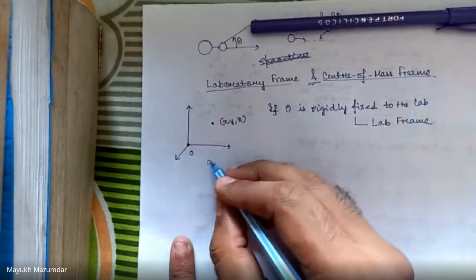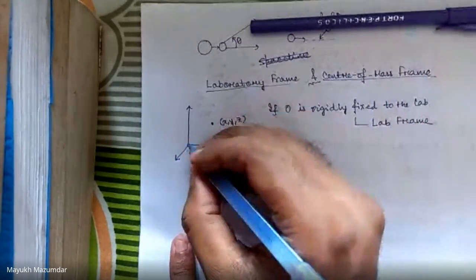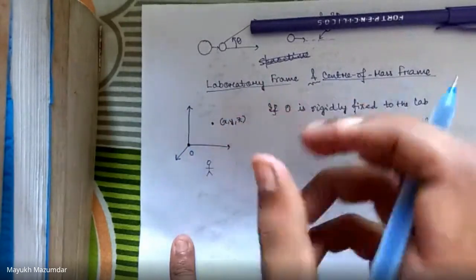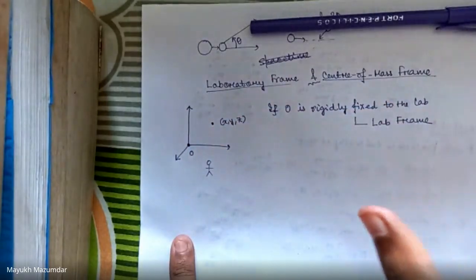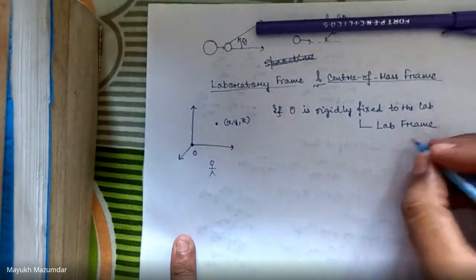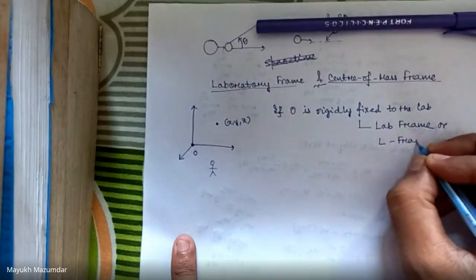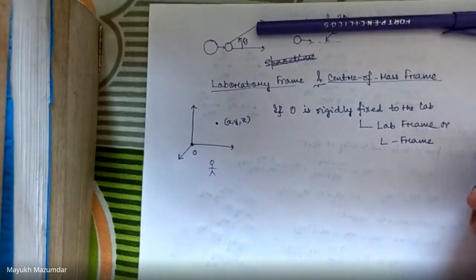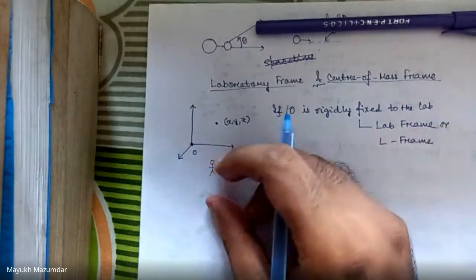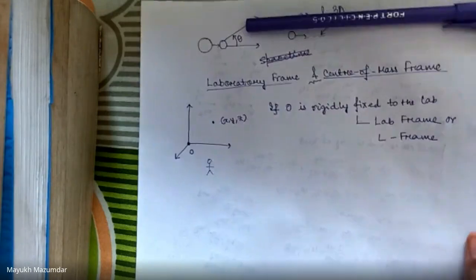Suppose you are sitting here, this is your coordinate system. If its origin is fixed to the lab, where you are doing the experiment, the laboratory, we would call it the lab frame or the L frame. As simple as that, you are sitting in the lab and you are looking into an experiment like that.